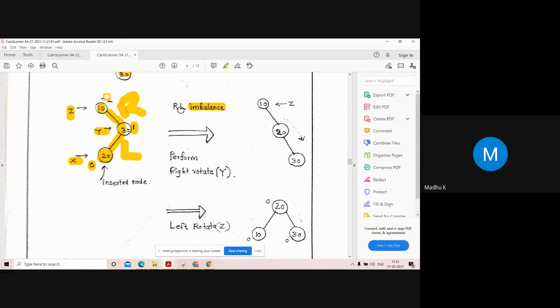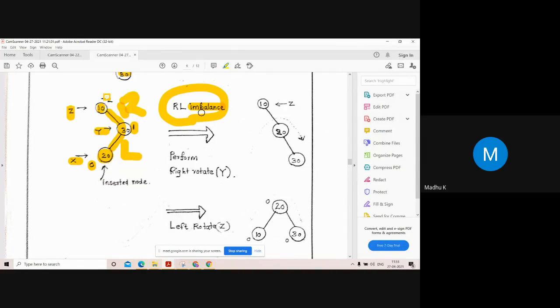So this is called an RL imbalance. Because of this insertion, the change occurred here and the imbalance occurred. So we start from the newly inserted node and go up to the imbalanced node, then do this procedure. Anyway, this is an RL imbalance.